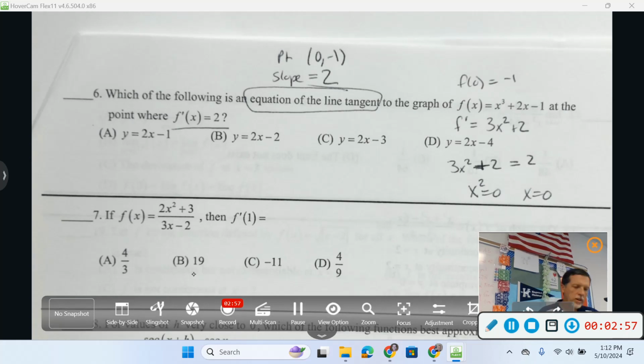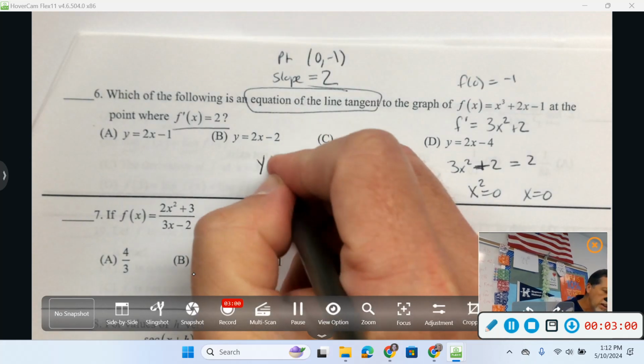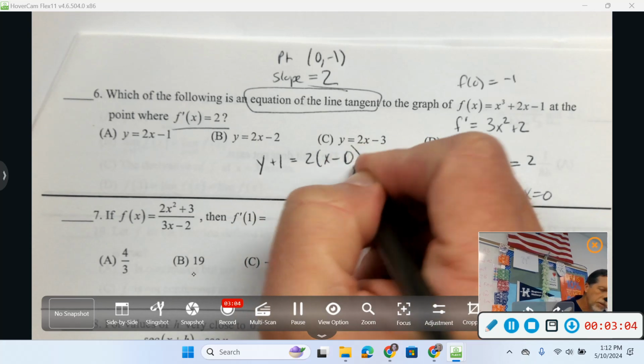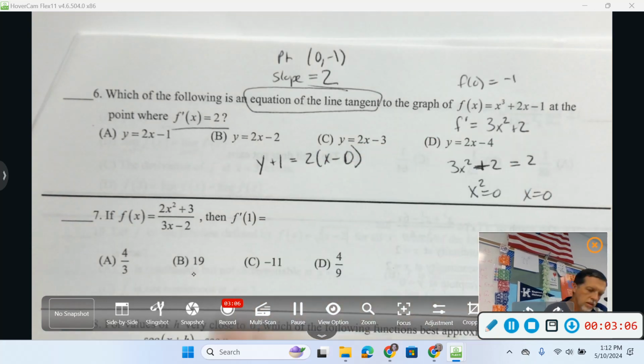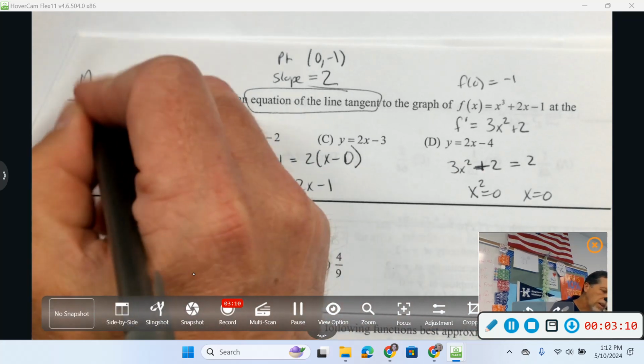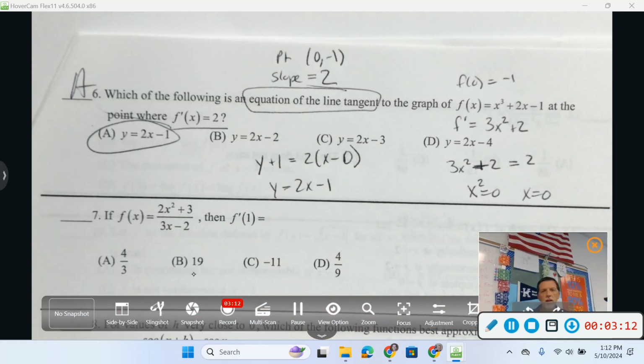So now I've got a point and the slope. I can write a line. Y plus 1 equals 2 times x minus 0. So y equals 2x minus 1. That was worded kind of funny, but we got there.